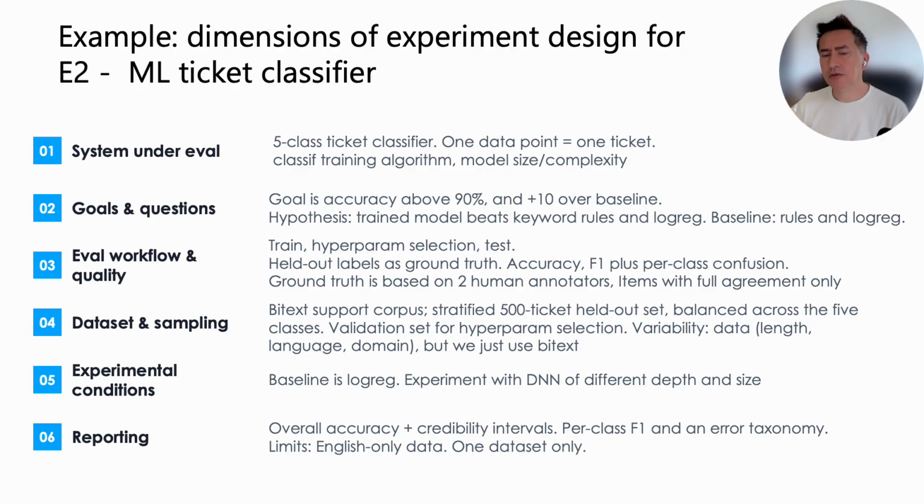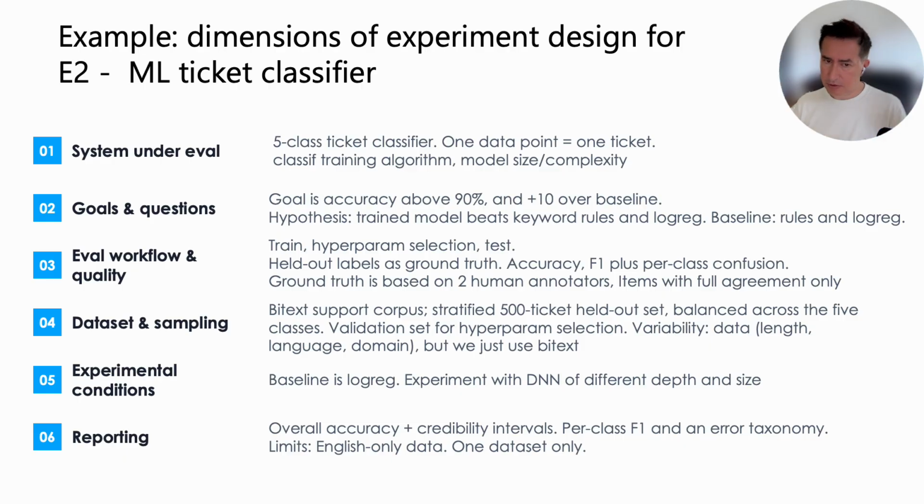So for now, let's assume we use humans. We'll get back to AI as labeler and as judge later. For now, let's assume we have 2 humans and we only use as test set or train set the items where the 2 humans actually agree on the class.